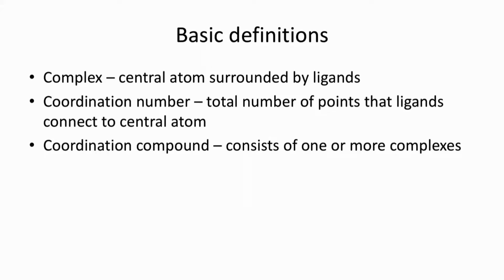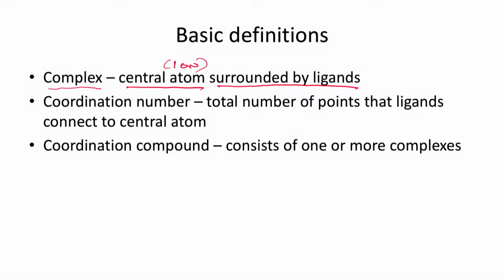Okay, a complex is something that has a central atom in it, something in the middle, which is surrounded by ligands. And the ligands are the things that are bonded, usually with Lewis acid-base kinds of coordinate covalent bonds, to the central atom. And the central atom could also be an ion as well.